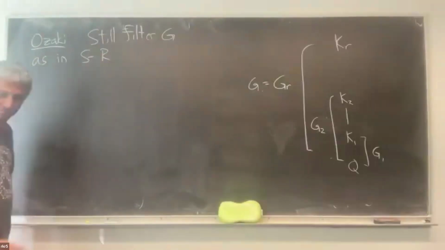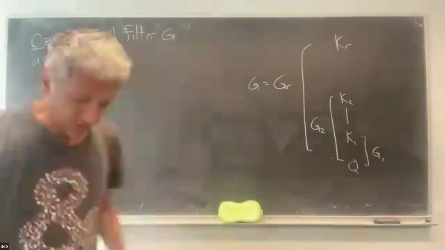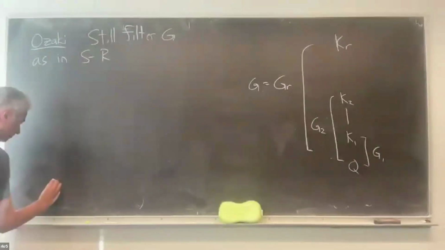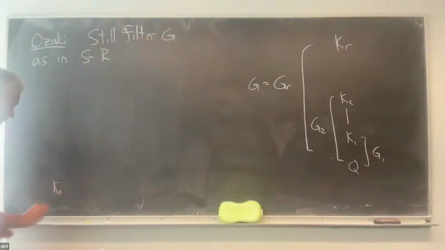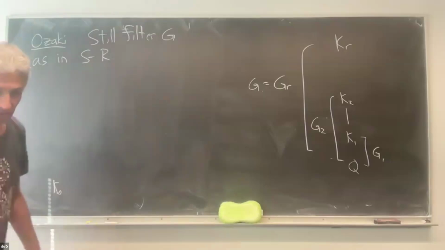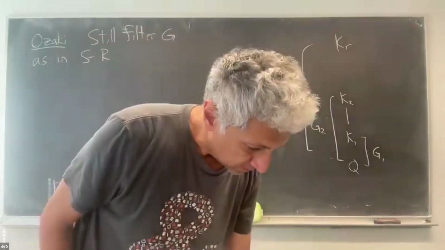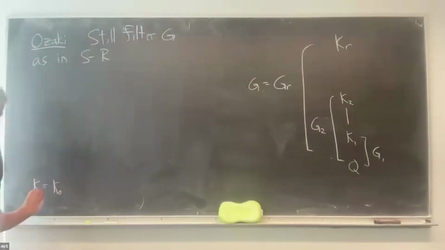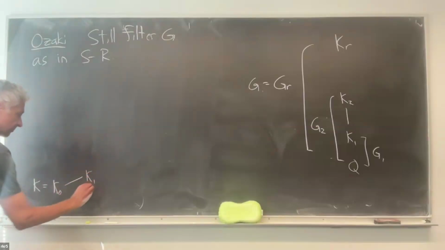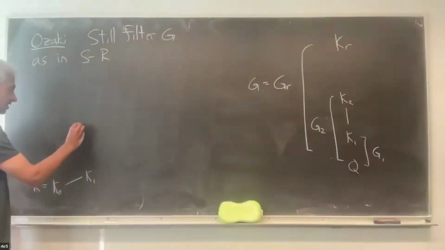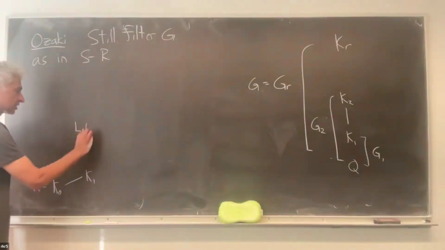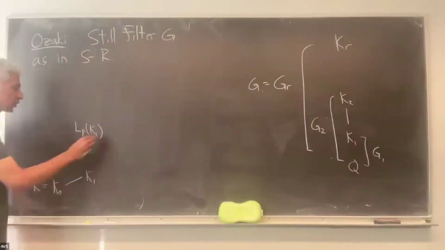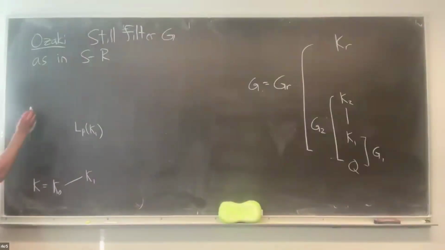But instead, let me get my indexing correct. We're going to have a field K0. That's our starting field. I call that K in the theorem. And then we're going to build a K1. And so this notation is Ozaki's notation for the top of the P Hilbert class field tower.